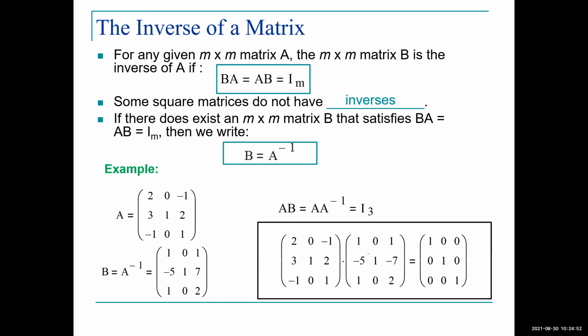So let's do that. If you go through this process, or if you input that into your calculator, you will see that the multiplication of those two matrices equals the identity, which is the point that I'm going to illustrate. So if you find that matrix B that gives you this solution, the identity matrix, then B is the inverse for your original matrix A.